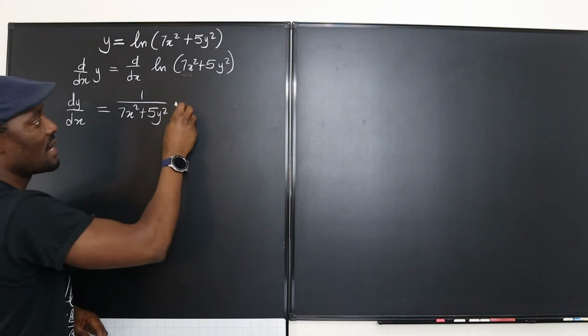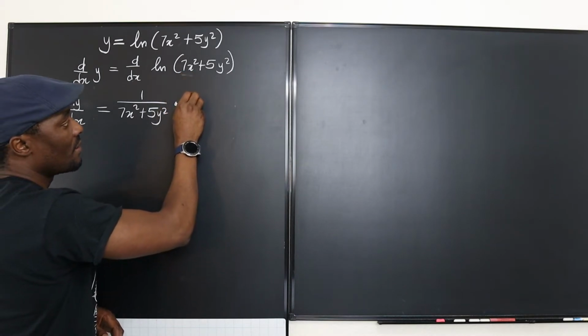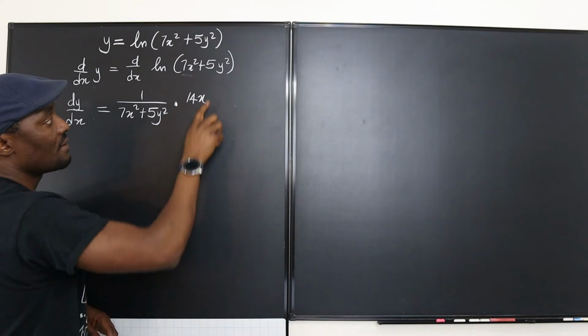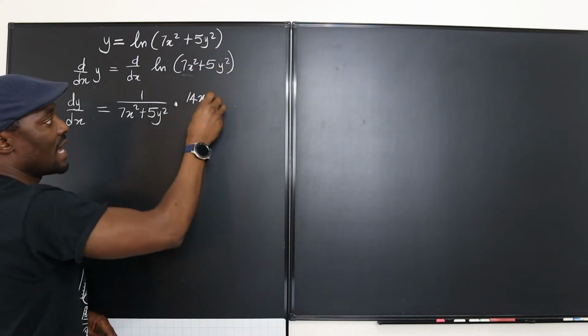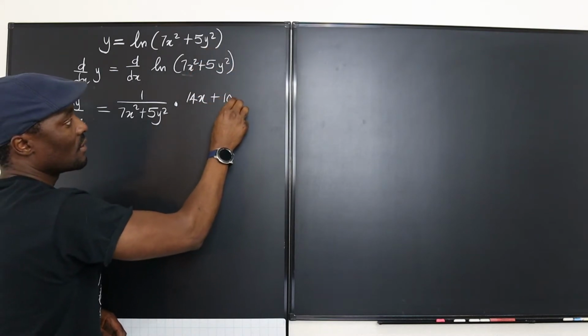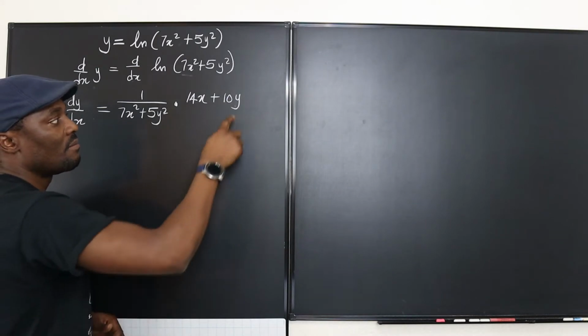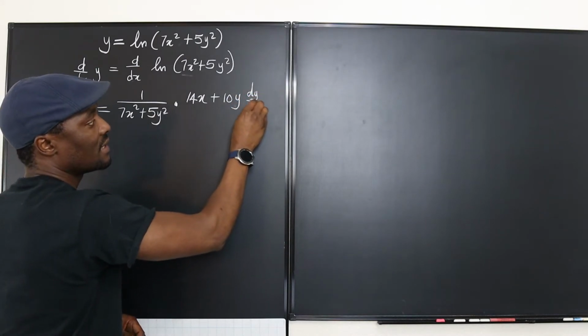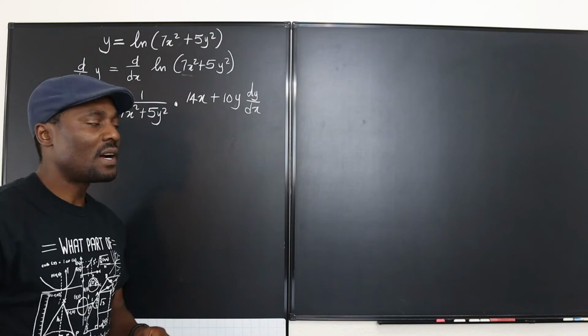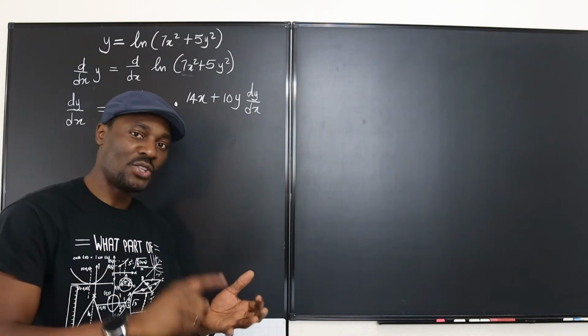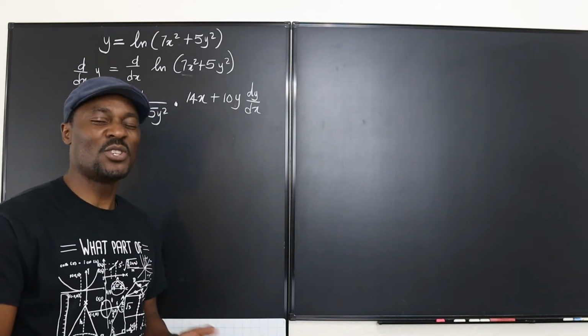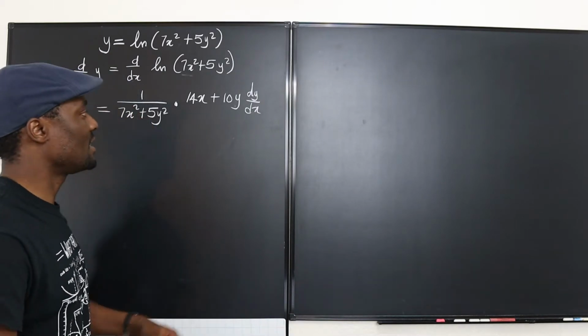If you differentiate 7x squared, you're going to get 14x, and if you differentiate 5y squared, you're going to get 10y multiplied by dy dx. So this is more a combination of chain rule and implicit differentiation. You'll get a lot of exercises like that.